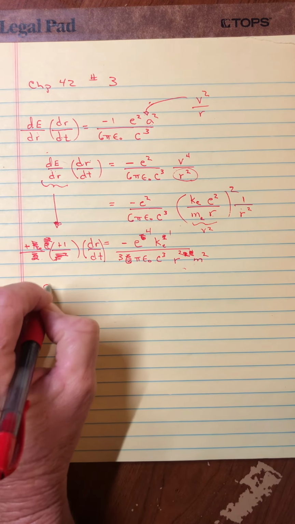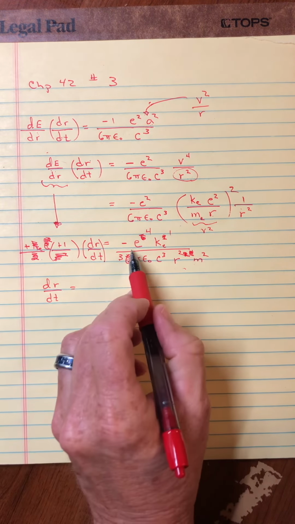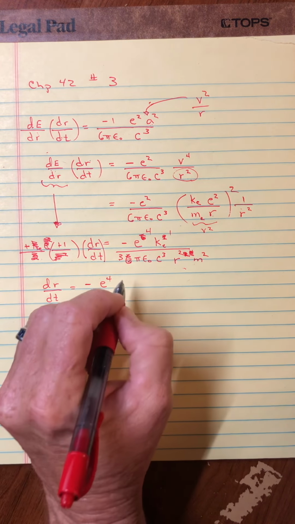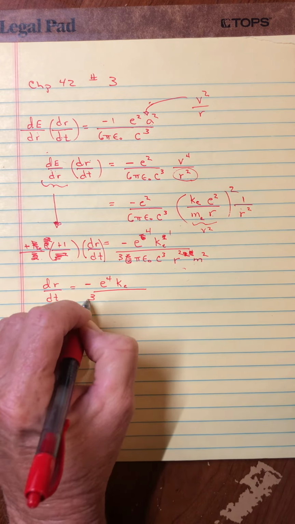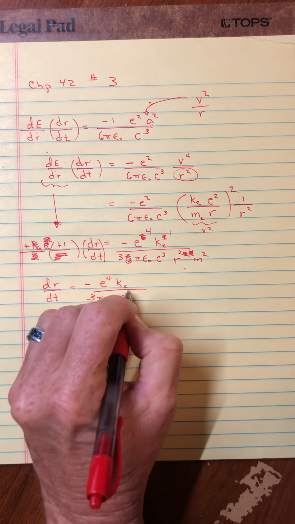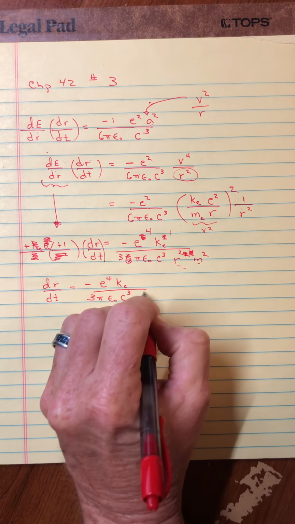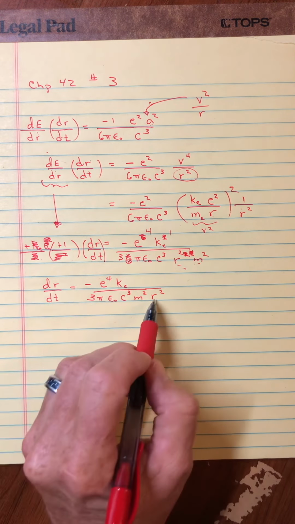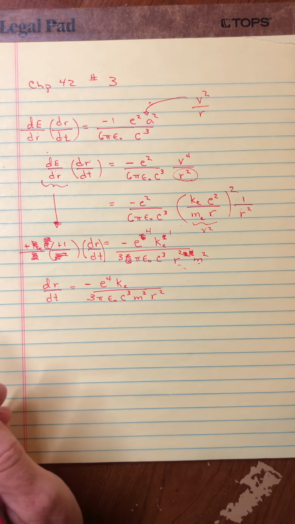So it looks like what I have is dr/dt equals, and what I'm left with in the numerator is minus e to the 4th, Coulomb's constant, over 3 pi epsilon naught, speed of light cubed. And let me put this order back so the constants are all together, and then the radius squared. And so this is the variable, the radius. How does the radius change with time?